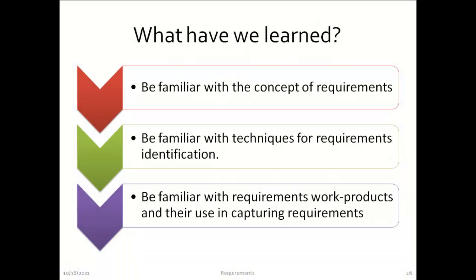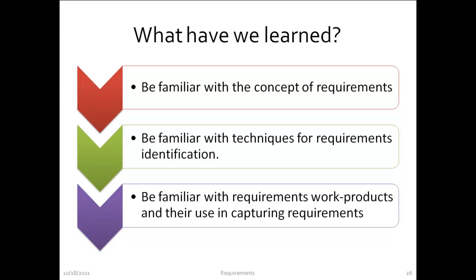Finally, we revisit the learning outcomes in order to go over how we covered them. The first learning outcome was be familiar with the concept of requirements. We covered this by explaining what requirements are and that requirements represent the perspectives of multiple stakeholders. The second learning outcome was be familiar with the techniques for requirements identification and capture.